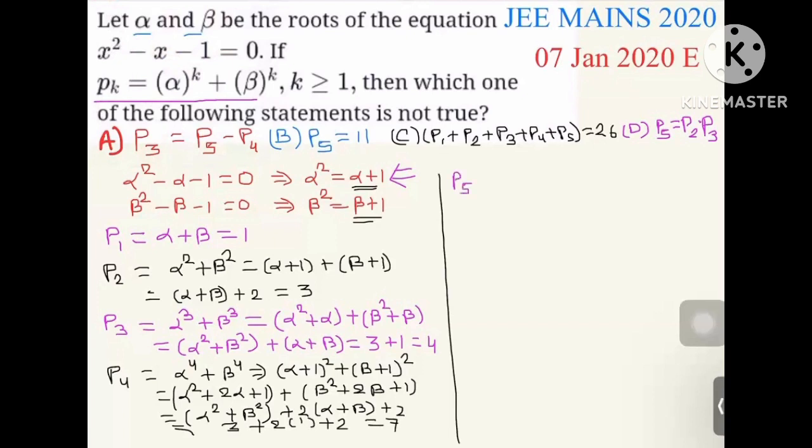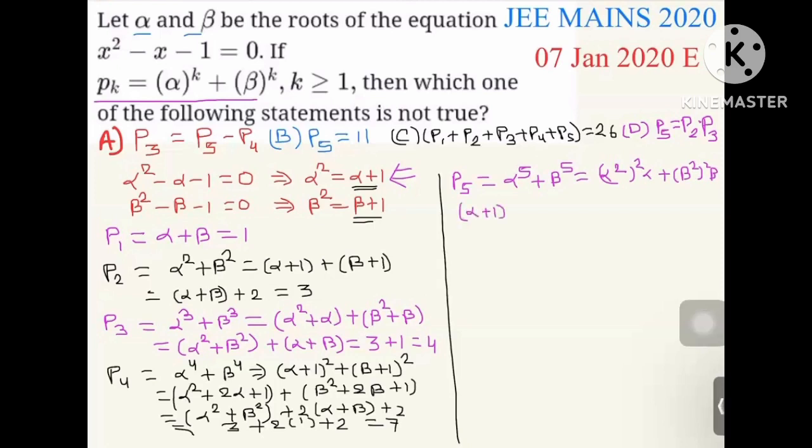P5 is alpha to the power 5 plus beta to the power 5. So alpha to the power 5 you can write as alpha square whole square into alpha plus beta square whole square into beta. Now this alpha square you can write as alpha plus 1.